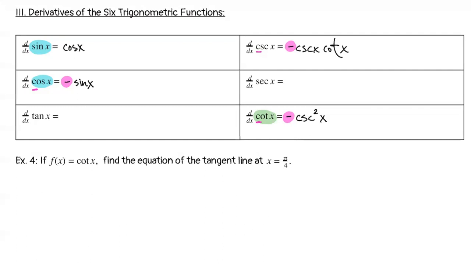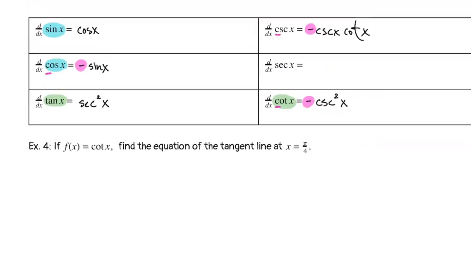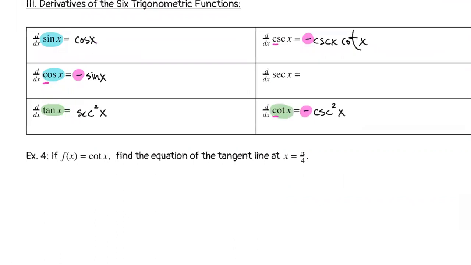So the derivative of tangent is similar. It is not cosecant, but it's actually secant squared x. And so some students found it helpful to pair tangent and cotangent, that we knew that the derivatives of both of those was like something squared. We just had to remember which one was secant squared, which one was cosecant squared.